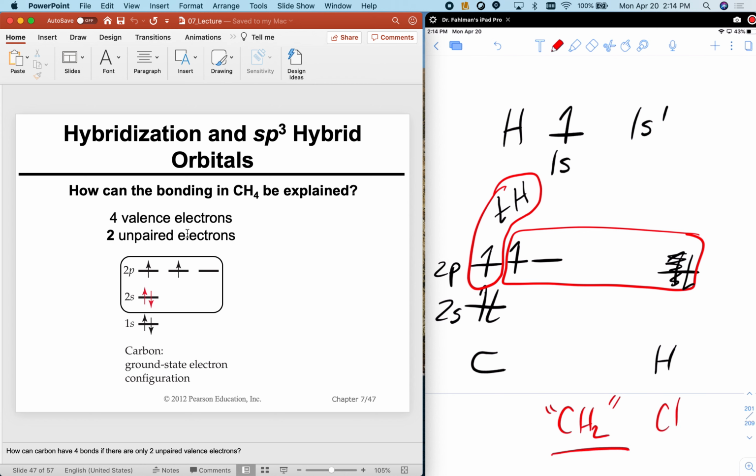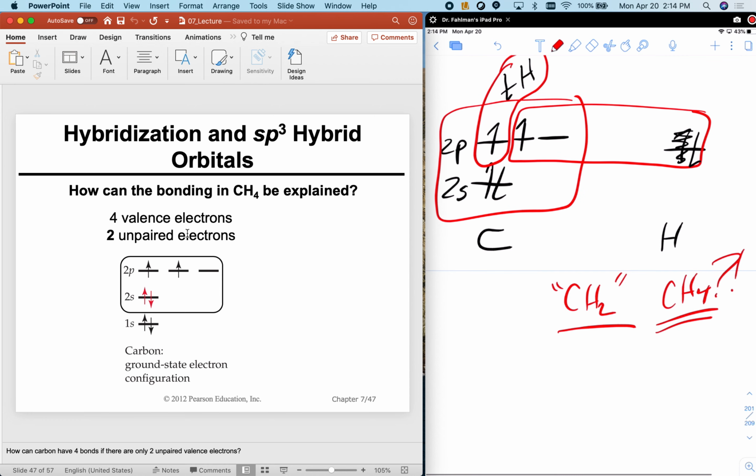So how in the world can you get methane with four CH bonds? What happens is that you mix together s and p orbitals.